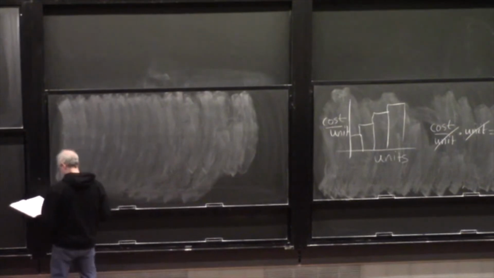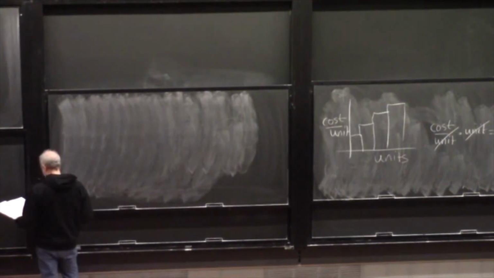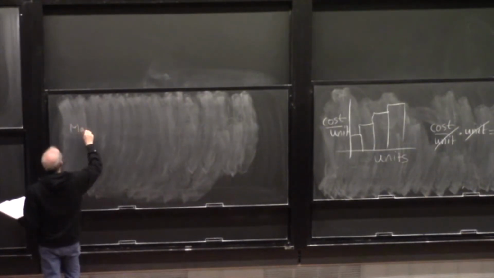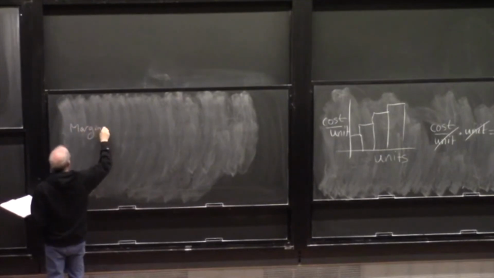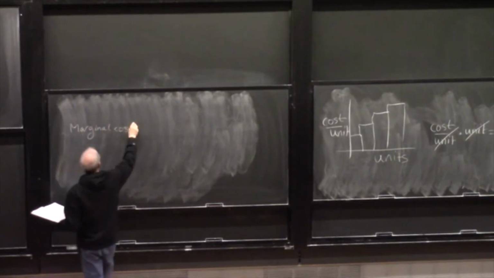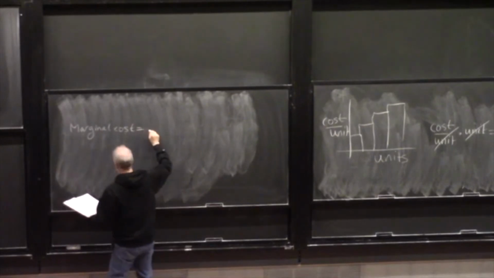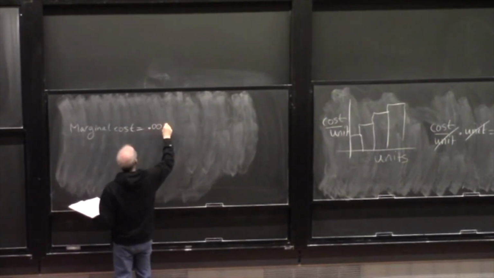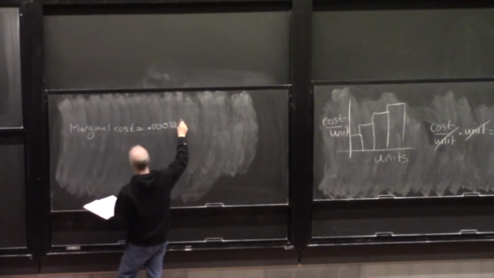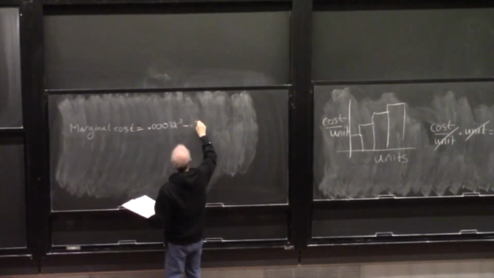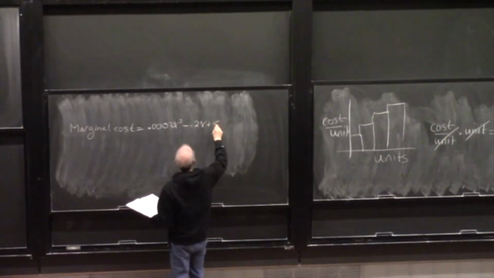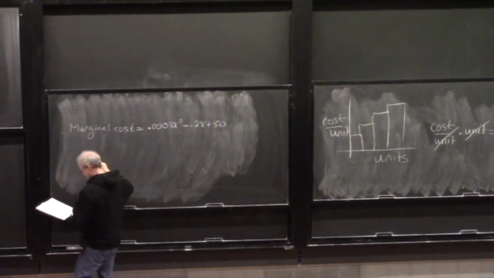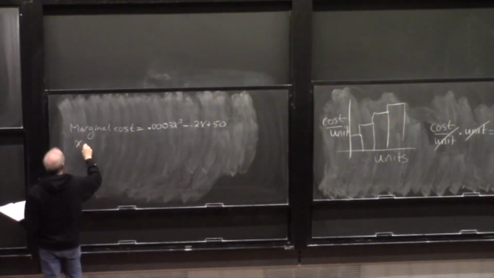Suppose that the marginal cost for making jackets at this company is 0.0003x squared minus 0.2x plus 50, where x is the number of jackets, or for the x-th jacket.